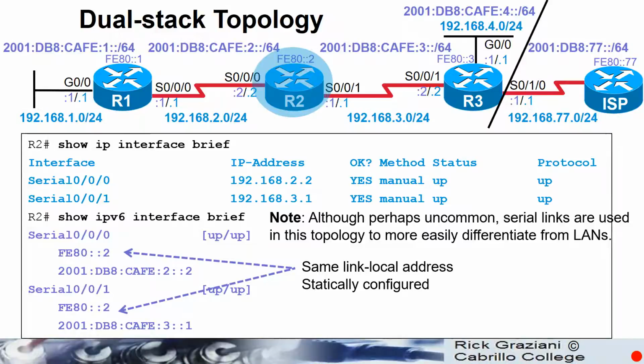The same link-local addresses you'll see on two serials, but again, that link-local is only on that link. So even if you have a router with multiple links, each link may have the same FE80 addresses because they're link-local addresses.